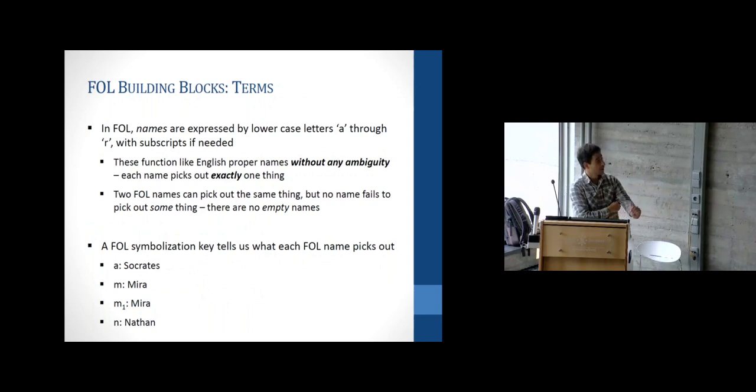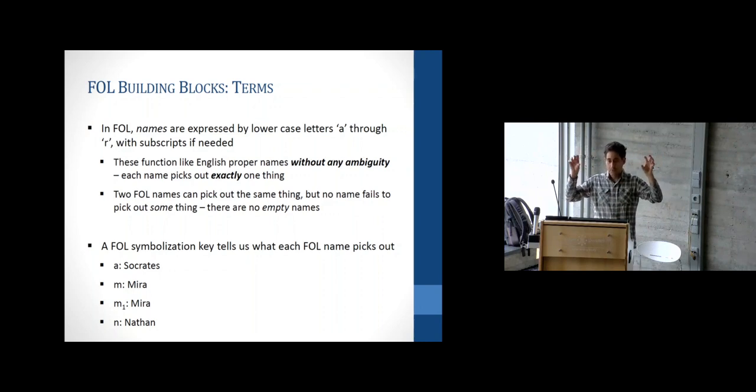In first-order logic, we have names that are expressed by these lowercase letters, a to r. We won't have that many names. Think about a, b, c. We can add subscripts to have more names. The idea is that a, b, c function like English proper names without any ambiguity. So they pick out exactly one thing in the world.